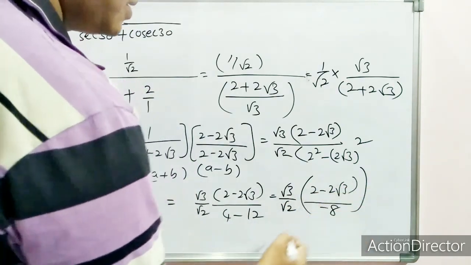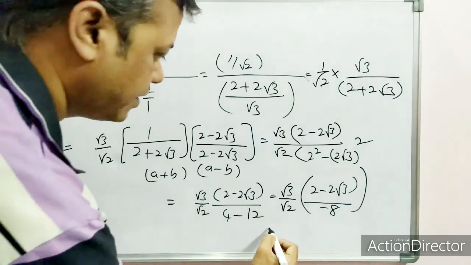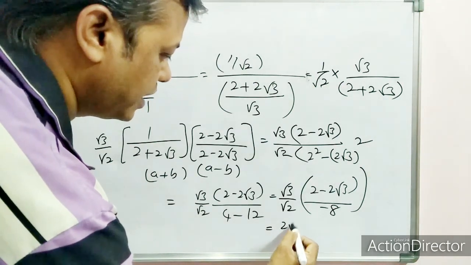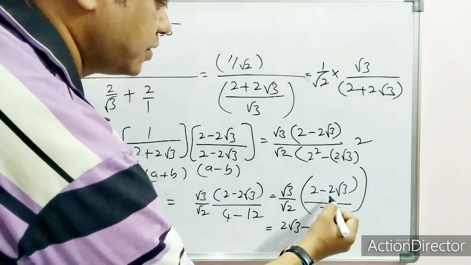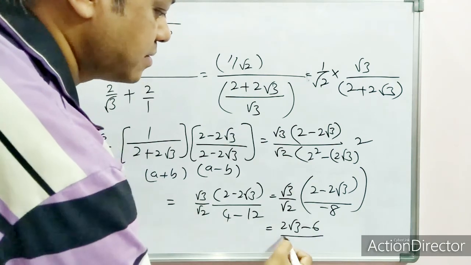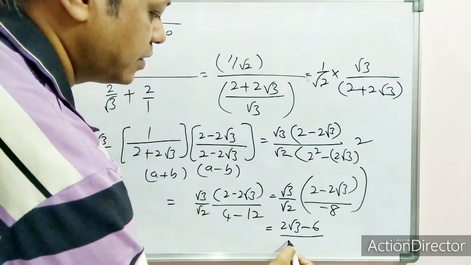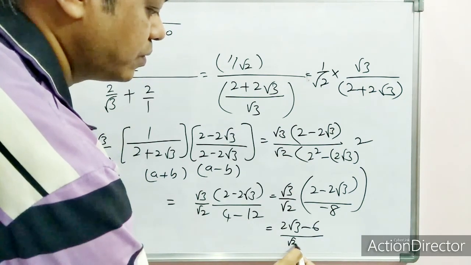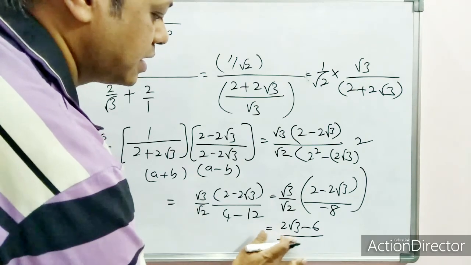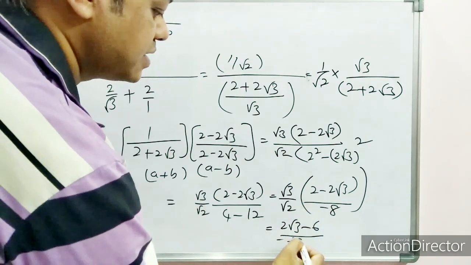Now you multiply this root 3 inside, you will get 2 root 3 minus 2 into 3, that is 6, by root 2 into minus 8, that is minus 8 root 2.